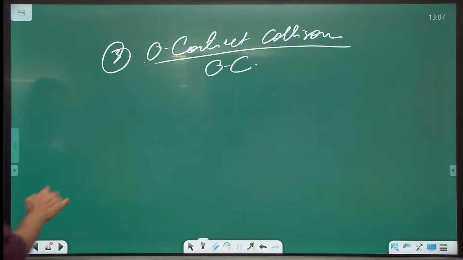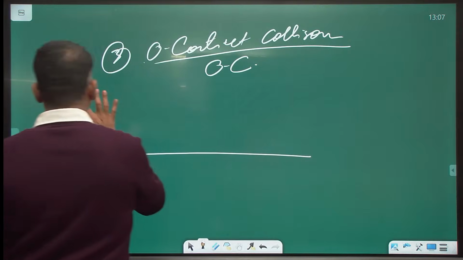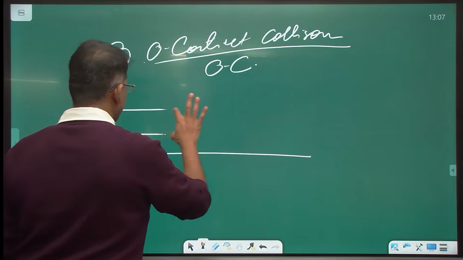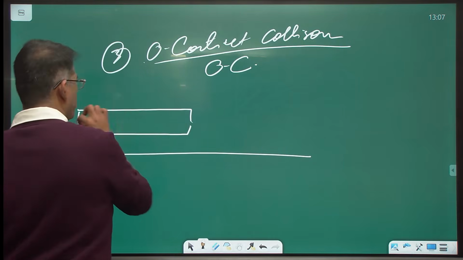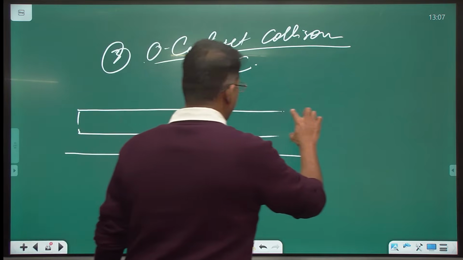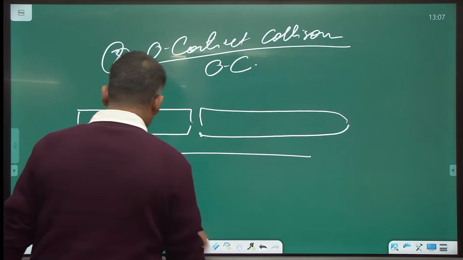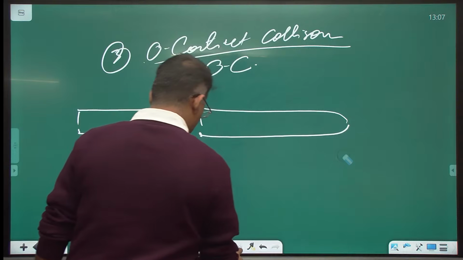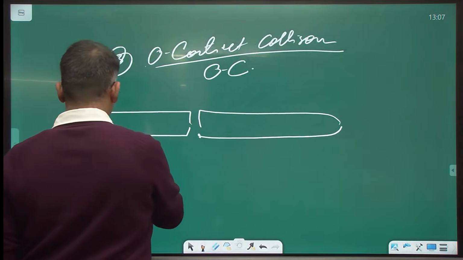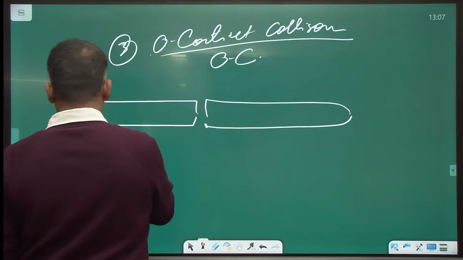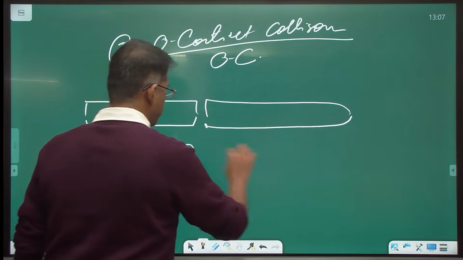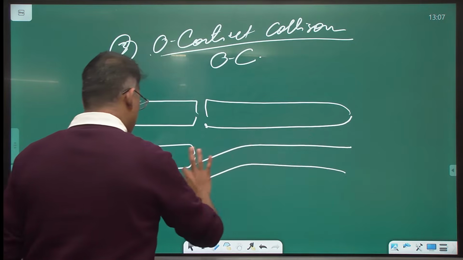So, we just studied that one of the blocks is ocean, the other block is also ocean. So when they collide, the ocean goes like this.